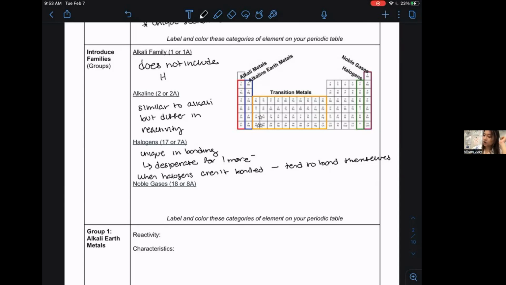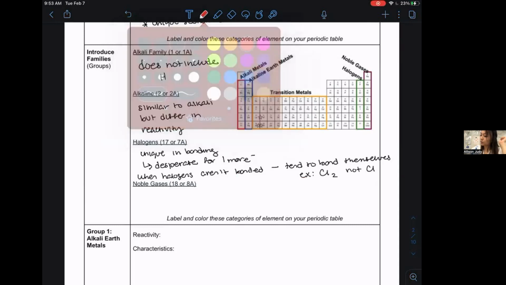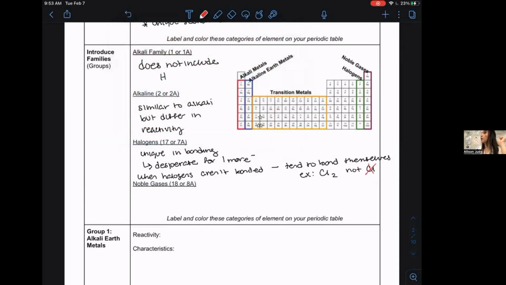Chlorine can't handle that. Chlorine has to be Cl2, not plain chlorine. It either has to be a charged chlorine to exist or Cl2, chlorine attached to itself, but it cannot just be chlorine by itself.